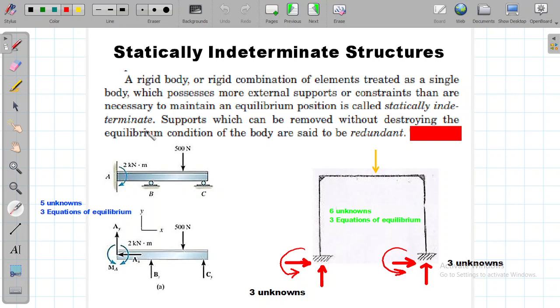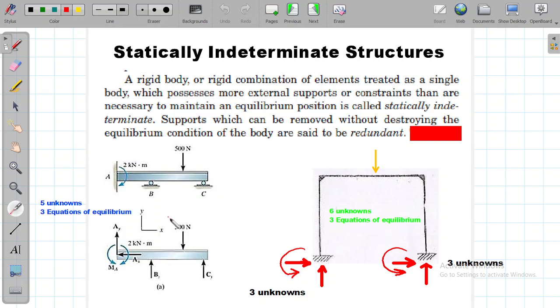What does it mean? It has more supports or reactions than the equations of equilibrium. The number of unknowns provided by the constraints or supports will always be greater than the number of equations of equilibrium.